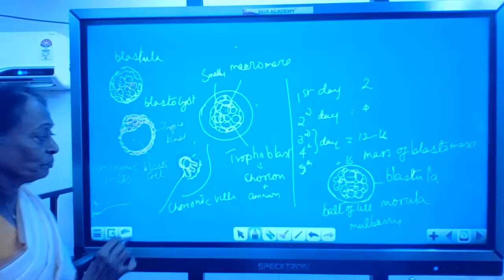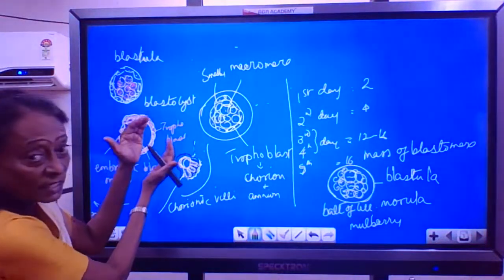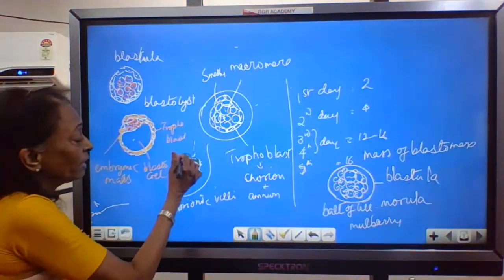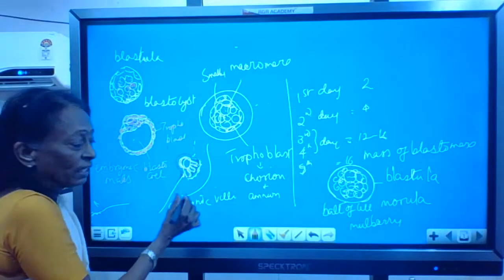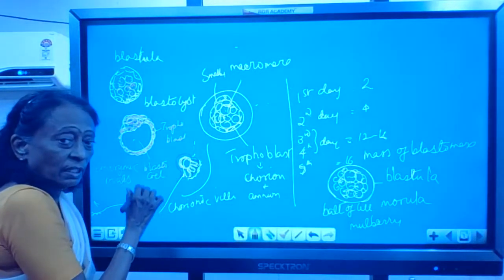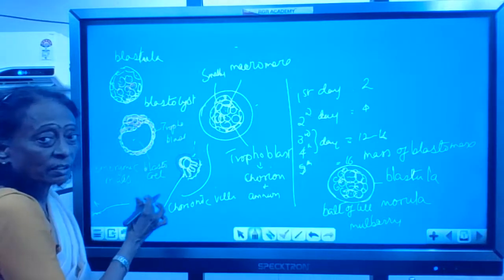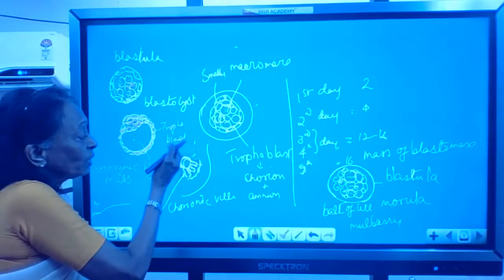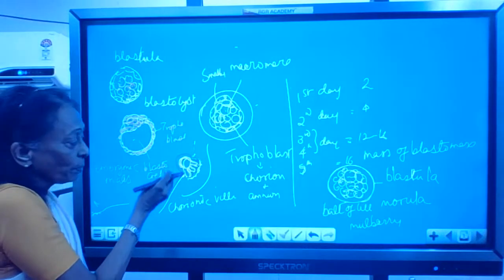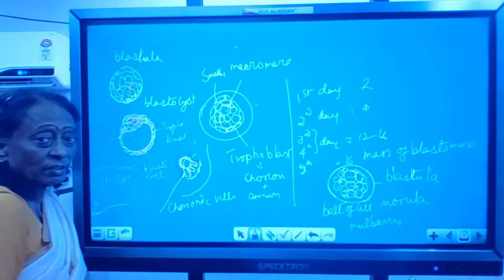In the beginning, this is the wall and this is the space inside. The chorionic villi will be everywhere, all over. In the early stages, the chorionic villi form around the entire blastocyst. But later, the ones facing the interior of the uterus will disappear, and only the anchoring ones remain here.